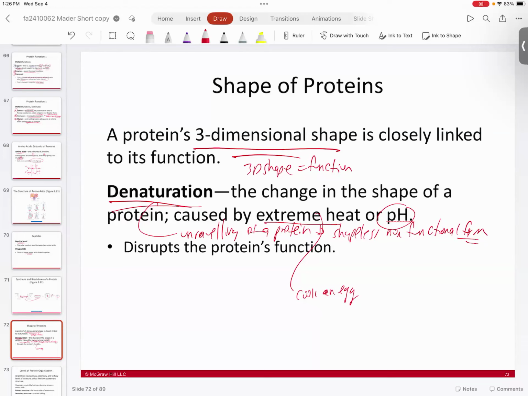It unravels, and then all those proteins get entangled with each other like a really bad set of Christmas lights, right? And then they're irretrievable at that point. So that's what creates that opaque garnish of protein. It's just a big wadded tangle of proteins. That's what the egg white is. Okay. And so that's denaturation.